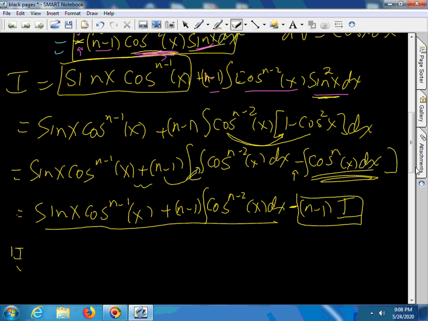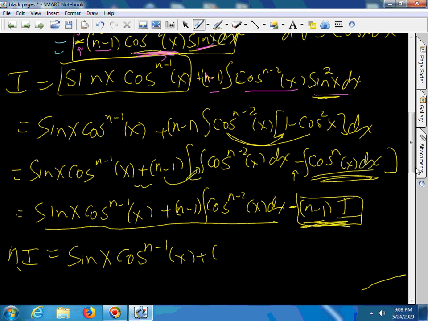So I'm going to have n times I equal to what I have underlined right above. But I don't want to know what n times that integral is, so I divide by n.